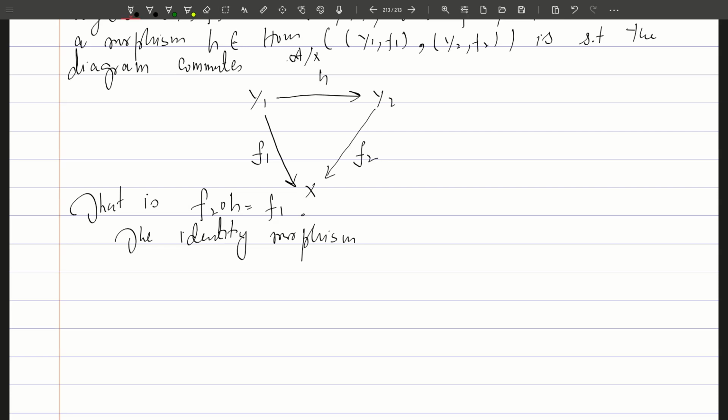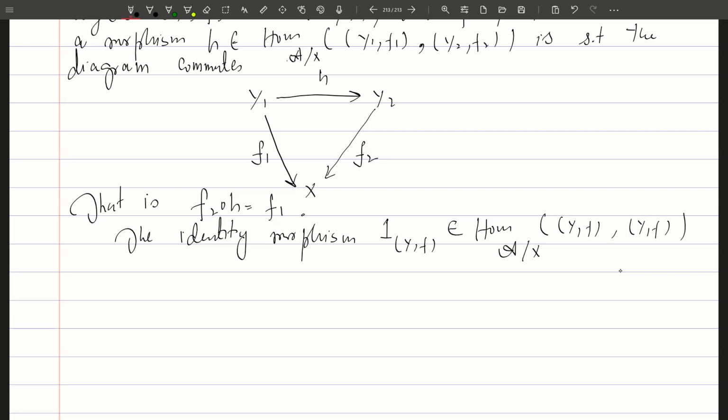Let us denote this by 1 of yf. So this is the identity morphism on the object yf. This is a morphism in the slice over category, which takes the object yf to yf.